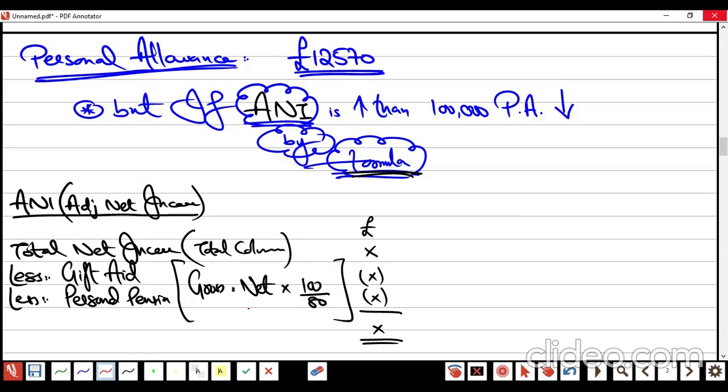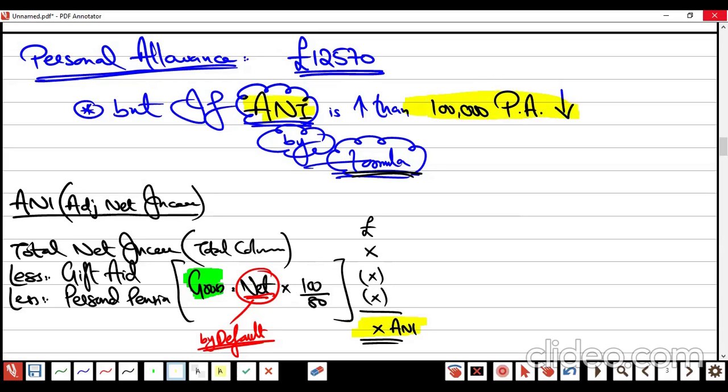Remember that if the question is silent, by default both of them are net amounts and we have to gross them up. If this ANI amount is greater than 100,000, PA will reduce.